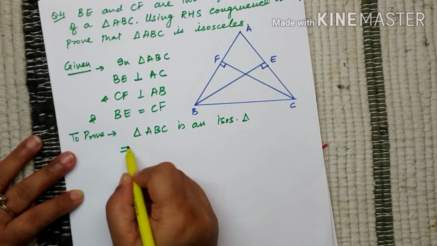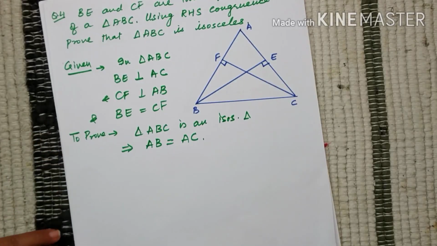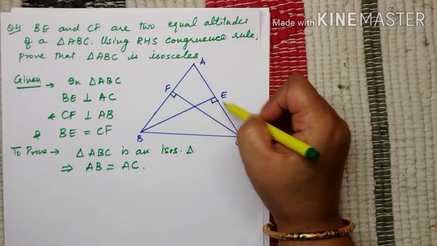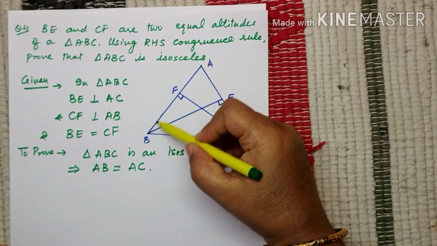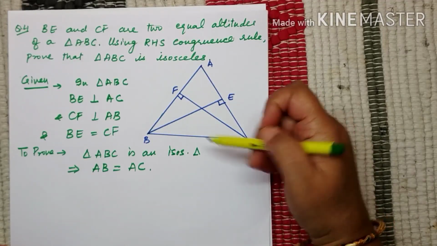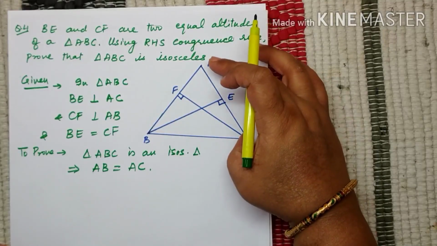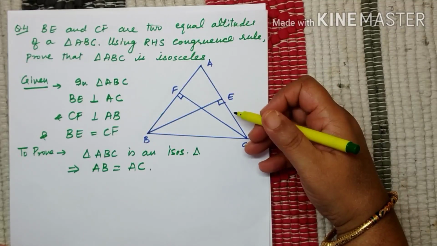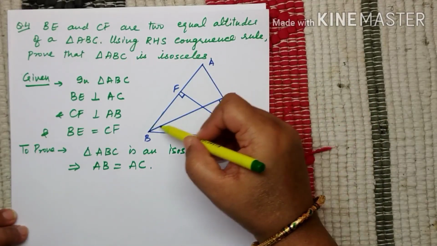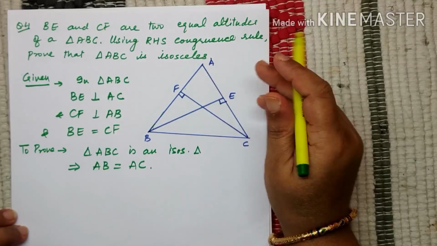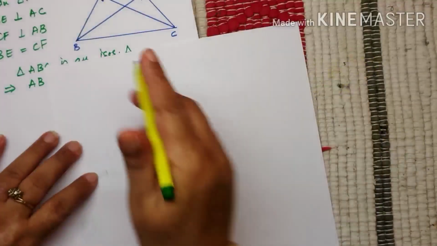For this, what do I need to prove? I need to prove AB equal to AC. Now, in order to prove these sides equal, I can take those two triangles of which AB and AC are the sides. So, if I join AB, I get this triangle ABE. And if I join AC, I get the triangle ACF. But observe, children, if we take these triangles ABE and ACF, how can I prove these two triangles congruent?